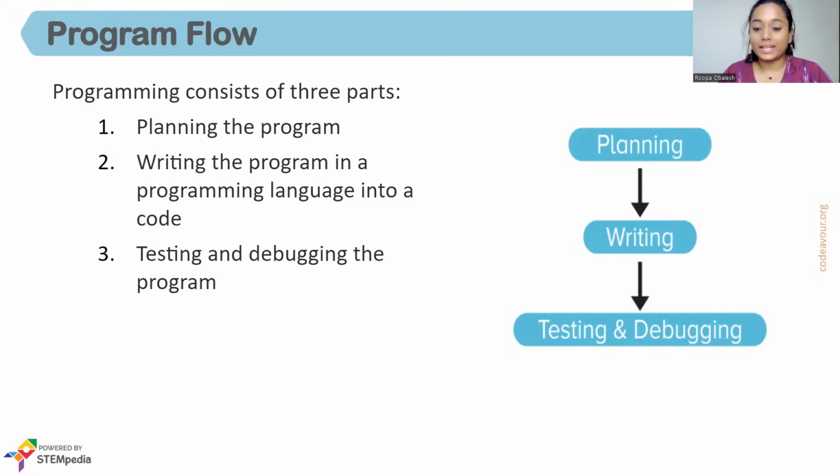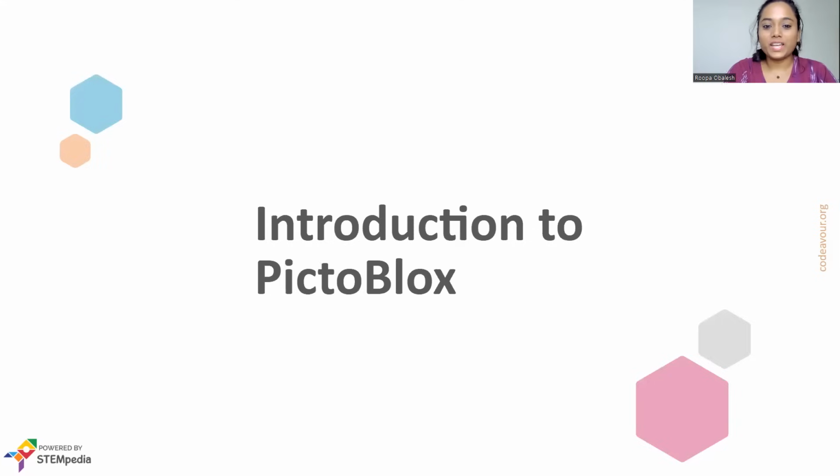So planning, writing the code, and testing and debugging if needed is the three-step process we need to follow before doing a program. Today in our session, we will apply this to make the walking animation and see how it works.